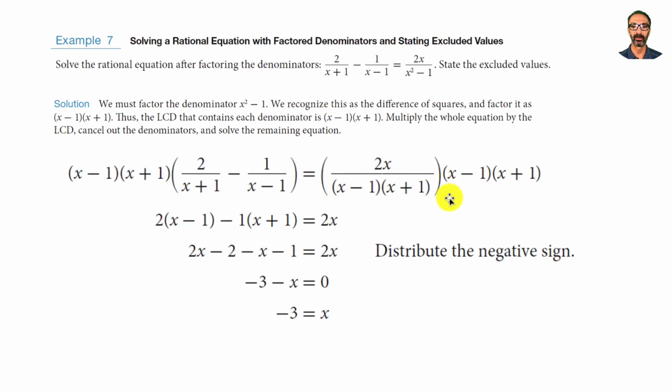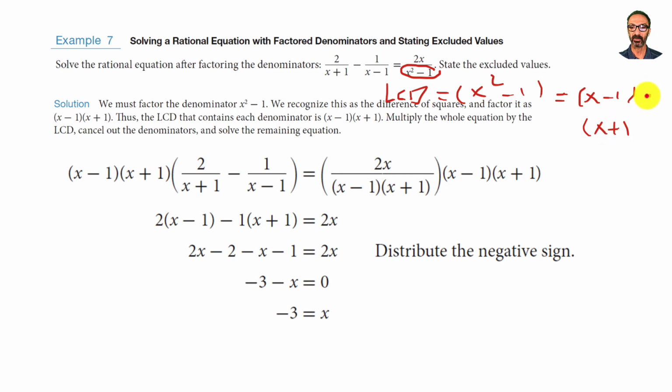So you bring the x squared minus 1, which is actually, let me write it down, even though it's written right here, but it doesn't hurt. This right here is our LCD. So the LCD is going to end up x squared minus 1, which is actually x minus 1 times x plus 1.